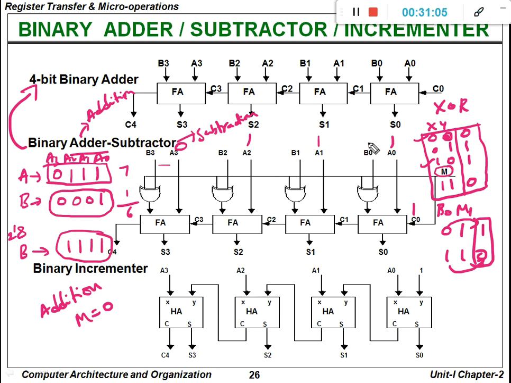How? Let us see. What are the initial values of B0, B1, B2, B3? 1, 0, 0, 0. These are the initial values. Now B0 value is 1. And what is the second value we are passing to the exclusive OR gate? What is the m value? The m value is 1. Okay. So whenever 1, 1, what is the result? 0 is the result.